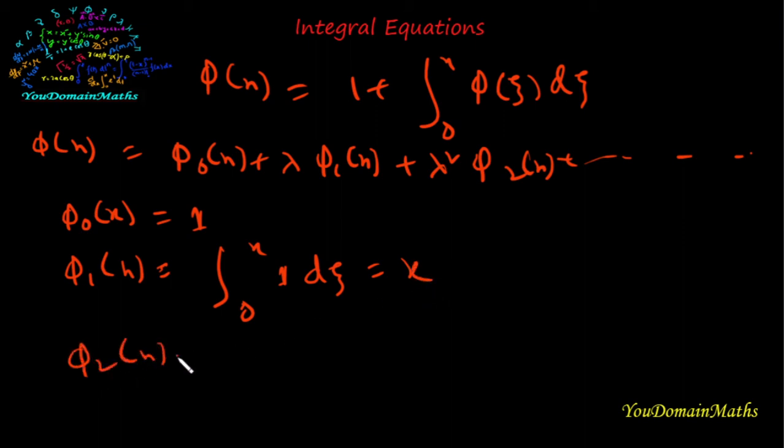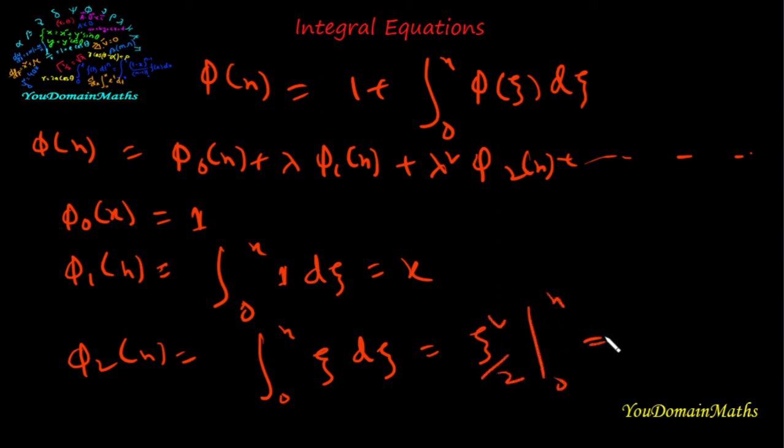Phi 2 of x equals the integral from 0 to x of the kernel, that is 1, times phi 1 of xi, that means xi, d xi. So the solution is xi square over 2 with upper limit x and lower limit 0, and putting in the values, this is x square by 2.